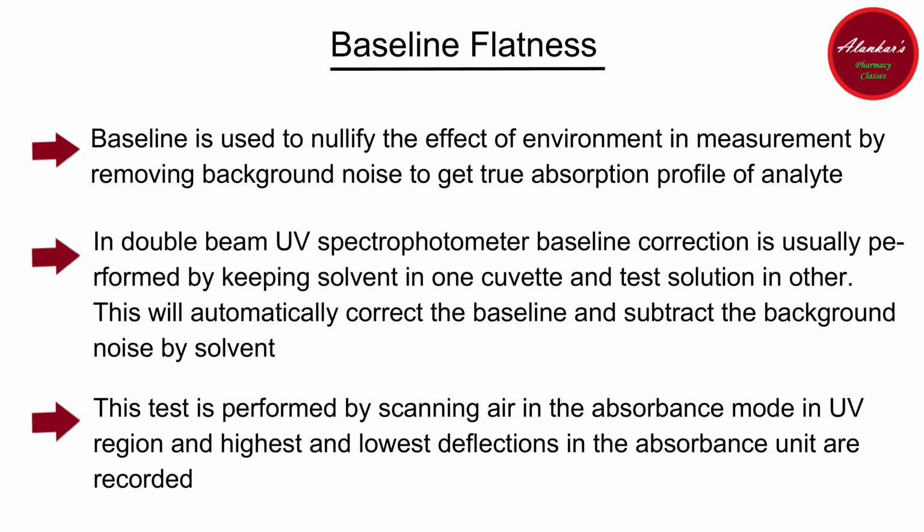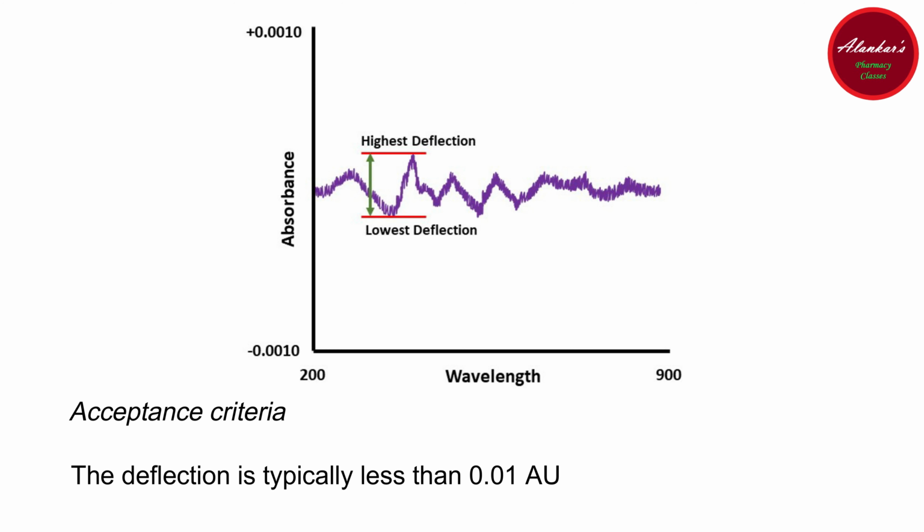This will automatically correct the baseline and subtract background noise by the solvent. This test is performed by scanning air in the absorbance mode in the UV region, and the highest and lowest deflections in the absorbance units are recorded. The acceptance criteria in this case is that the deflection is typically less than 0.01 absorbance.